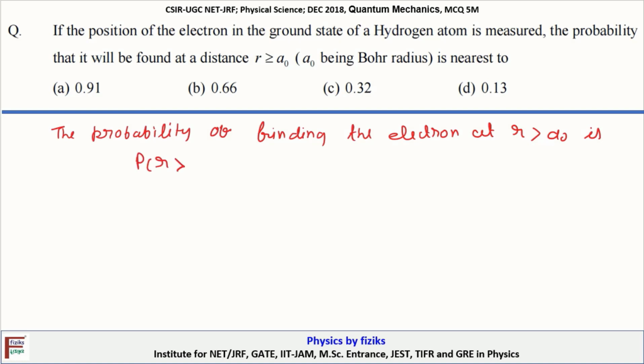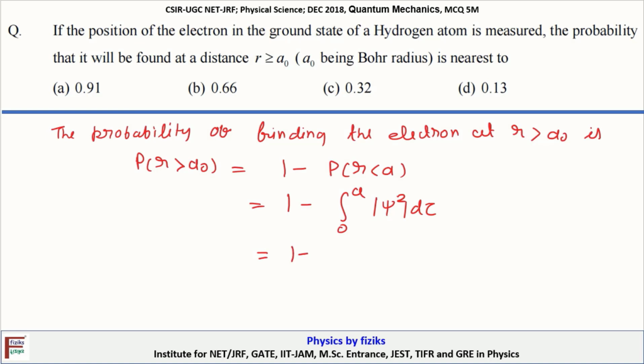P(r greater than a naught) is 1 minus P(r less than a), which can be written as 1 minus the integral from 0 to a of psi squared d tau.